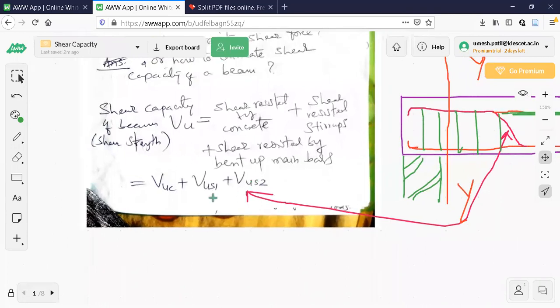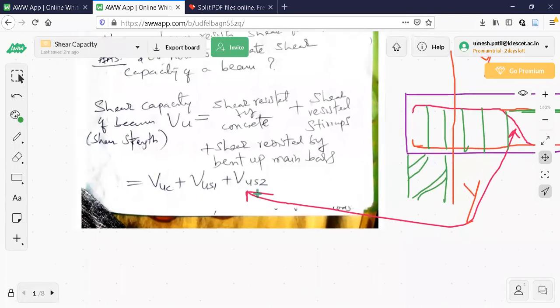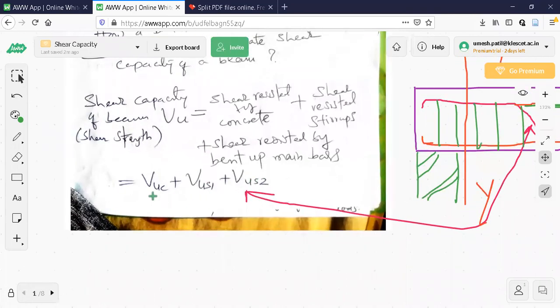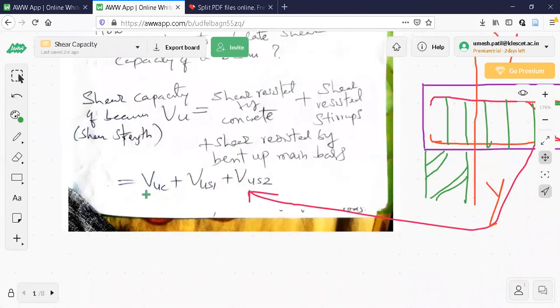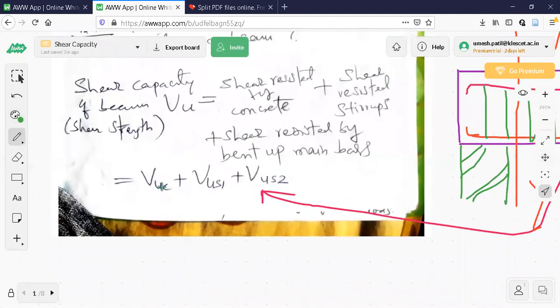So let us see how to calculate all the three here. How to find out the shear resistance of concrete or shear strength of concrete. Now observe this one. Once again, you see here, this is shear strength of concrete, shear strength of stirrups, shear strength of bent up main bar.